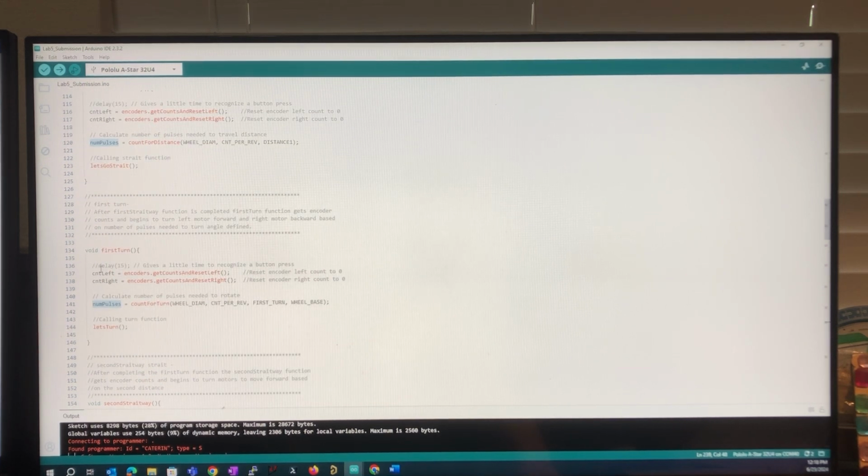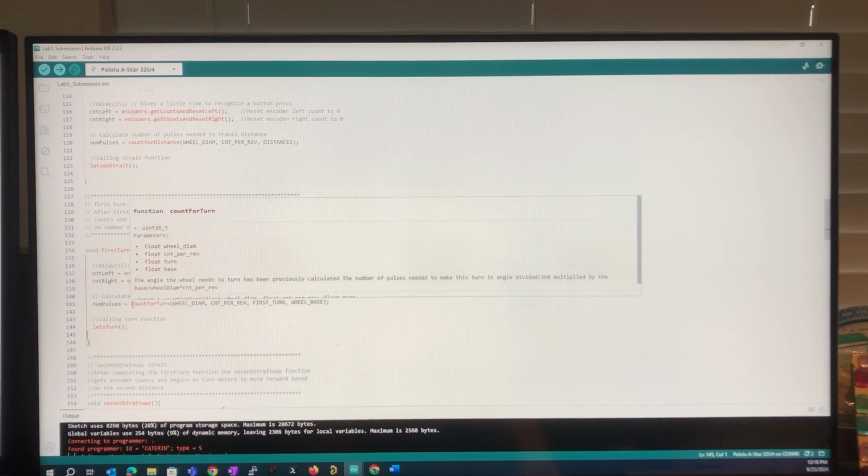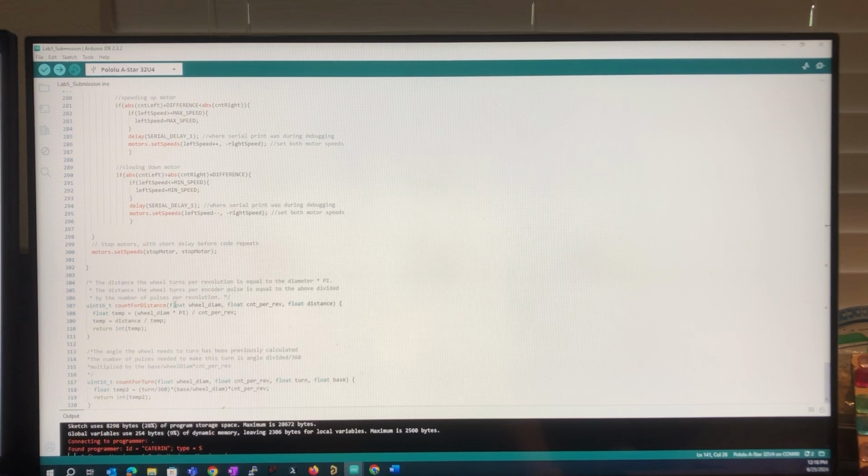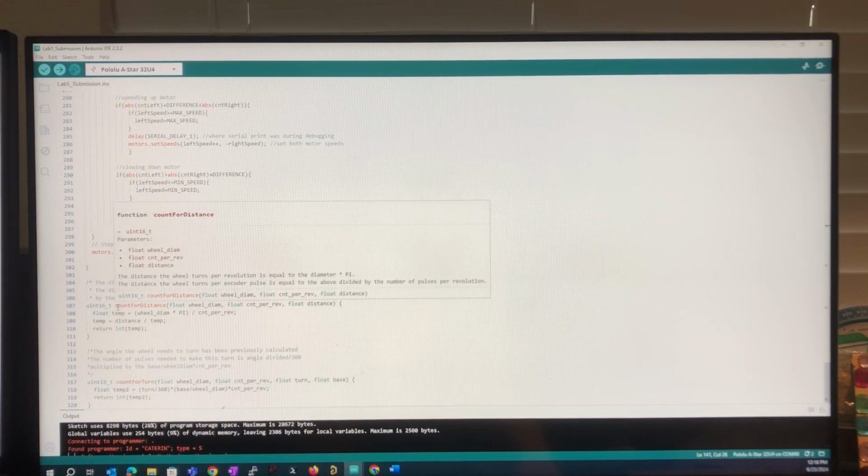So first turn will be similar to our second turn and third turn. Again, we will reset the left and right motor counts, and then we need the number of pulses to make that 147 degree turn. So there's a function here called count for turn. This is basically, I just modified the example given to us for count for distance.